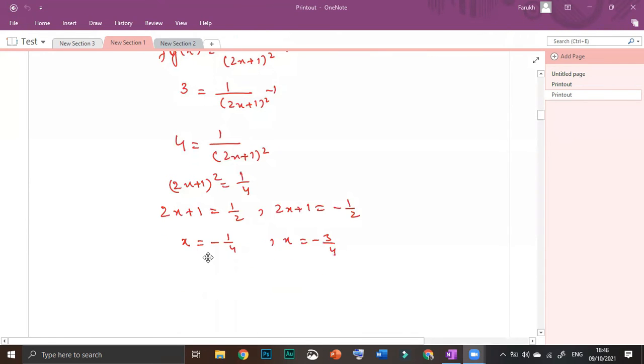We will reject this x is equal to minus 1 over 4 and we'll accept this x is equal to minus 3 over 4. We will write down not applicable against x is equal to minus 1 over 4, and this one is the required answer because this one is in the given domain.